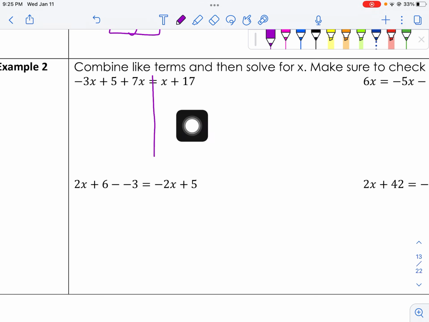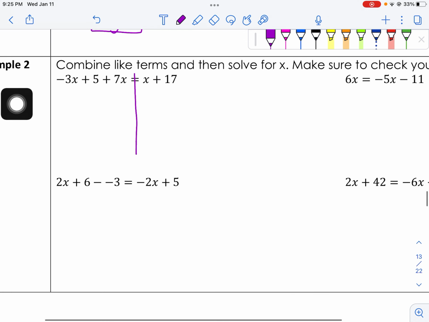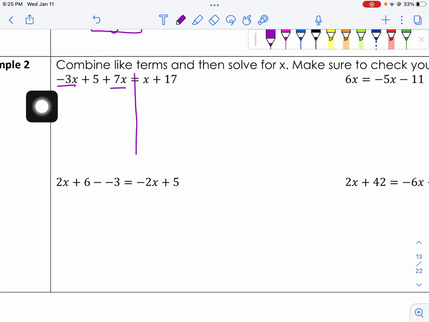So whenever I have an equal sign, if I have any terms that are the same on the same side of the equal, I can start by combining them. So you'll notice I have 2 x terms on the left side of the equal in this one. So I'm going to start by combining those terms. I have negative 3x's and positive 7x's.